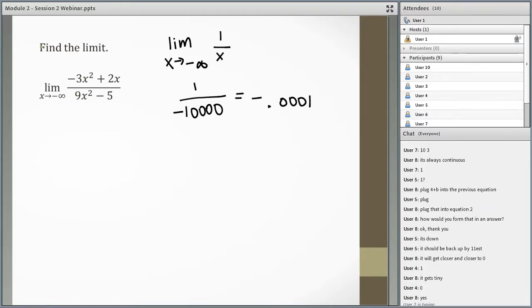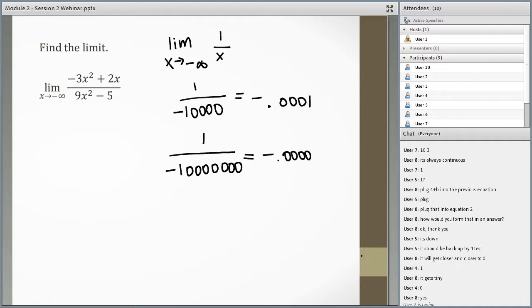And I chose negative 10,000, and again, I can't plug in an infinity or a negative infinity, but I chose a large negative number. And now I'm going to choose another, even larger negative number. So the only thing that changes is now we have a negative value.